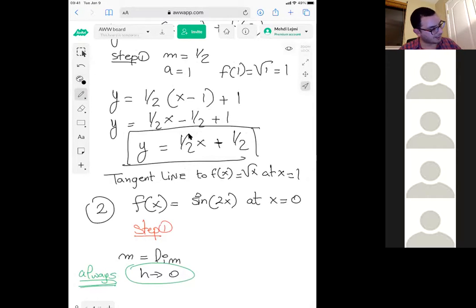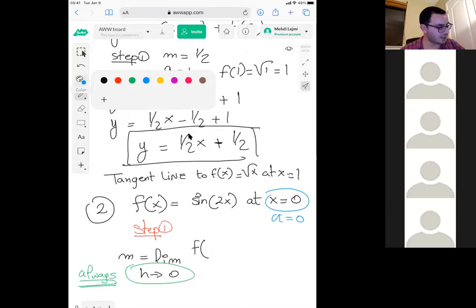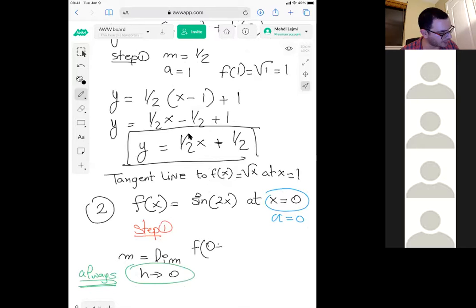And then f of a plus h. So what's a here? We said at x equals 0, so my a is 0, right? So that's 0 plus h, which is h. So this is f of 0 plus h minus f of a.